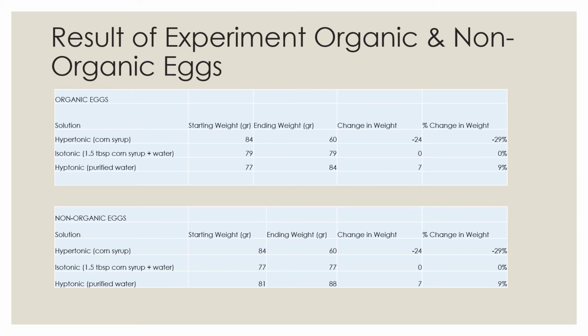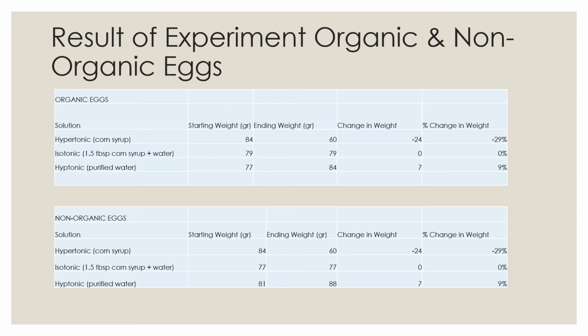In the hypertonic solution, both organic and non-organic eggs have a negative 29% change in weight. And for isotonic, there is no change in weight, which is what we expect, 0% for both organic and non-organic eggs.